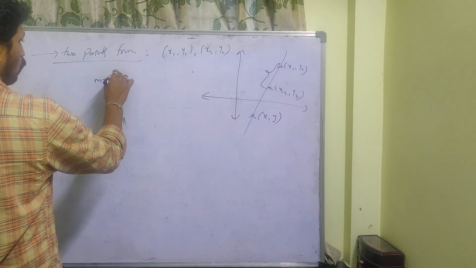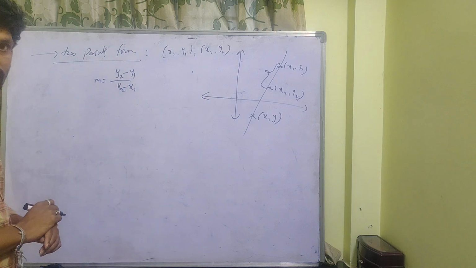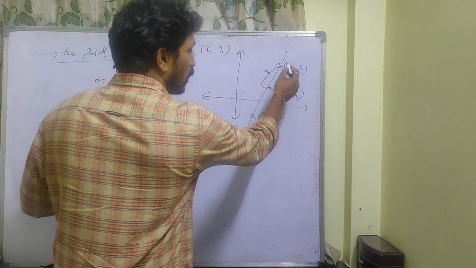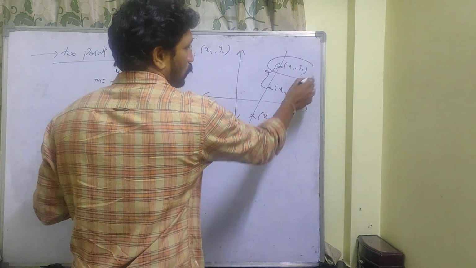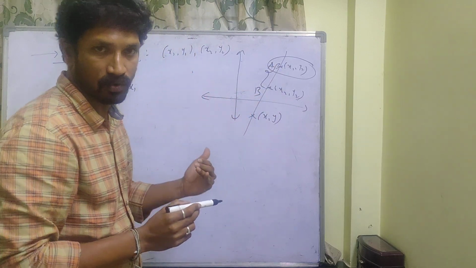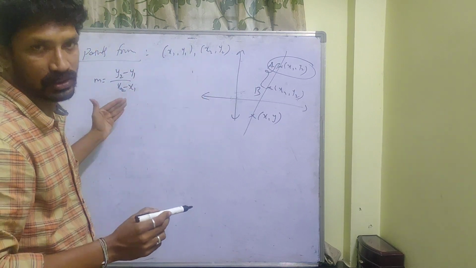Whenever you know 2 points clearly, what is the slope? Slope m is equal to y2 minus y1 by x2 minus x1. So if you know the slope, and here 2 points are there, you can take any one of the points, either this point A or this point B, and go for the previous form, that is point slope form.